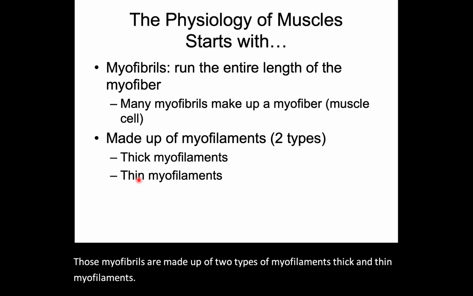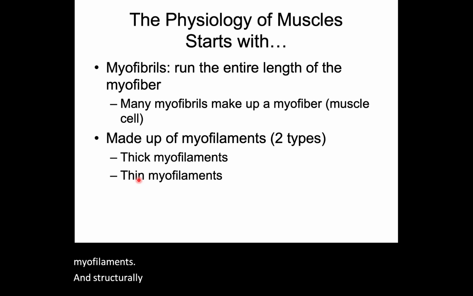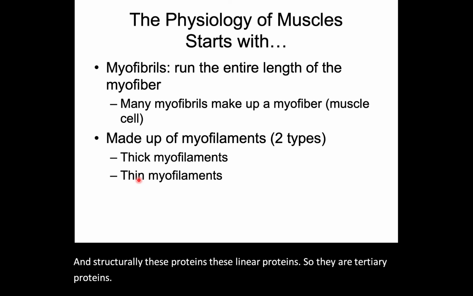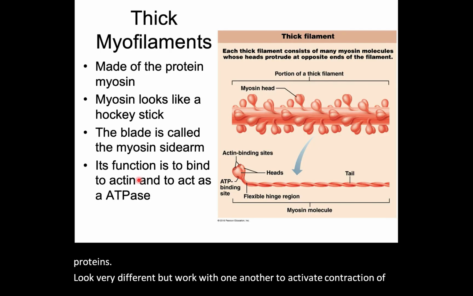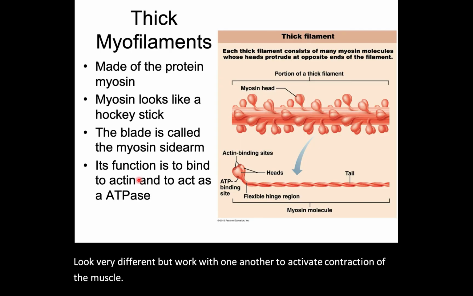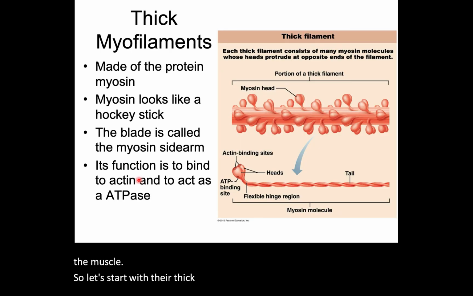And structurally, these proteins, these linear proteins, so they are tertiary proteins, look very different, but work with one another to activate contraction of the muscle. So let's start with our thick myofilaments first.